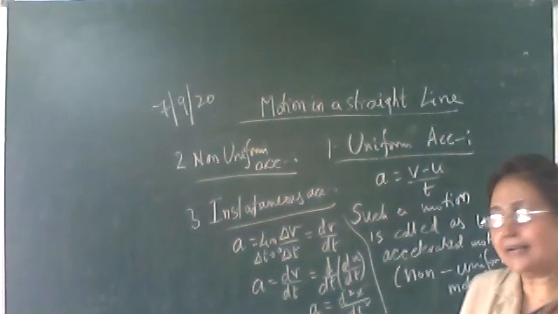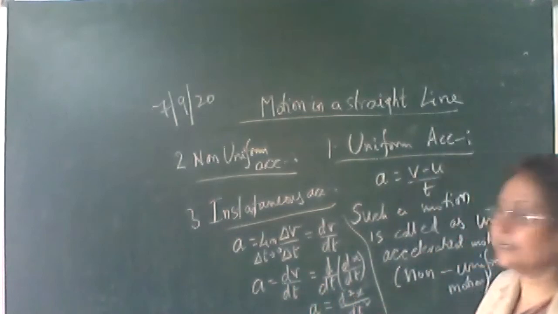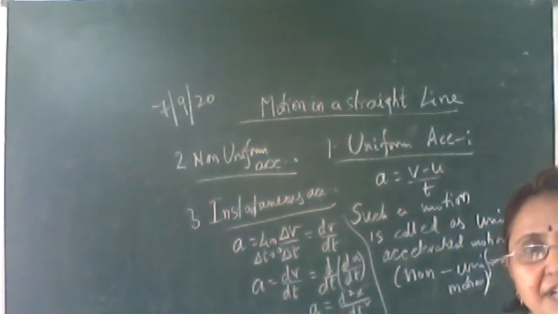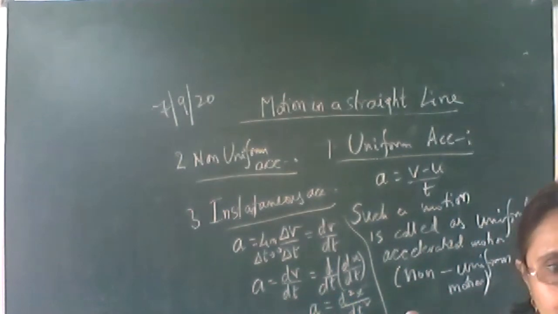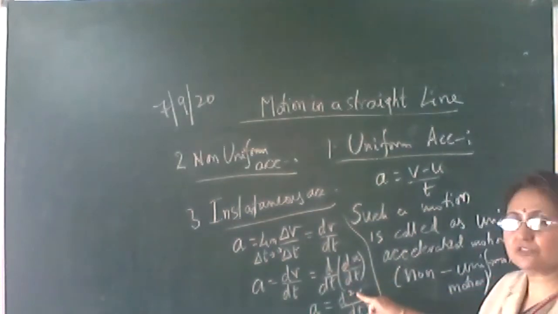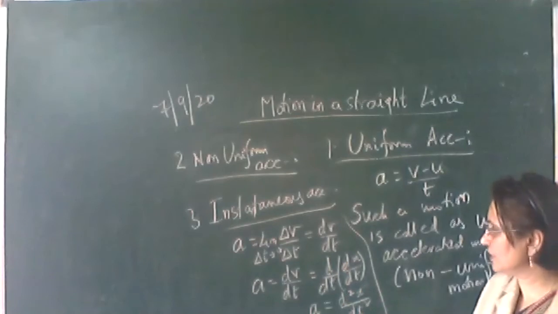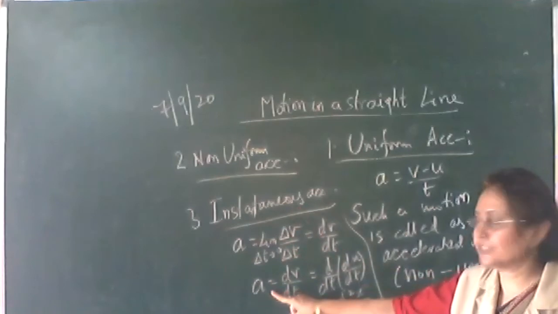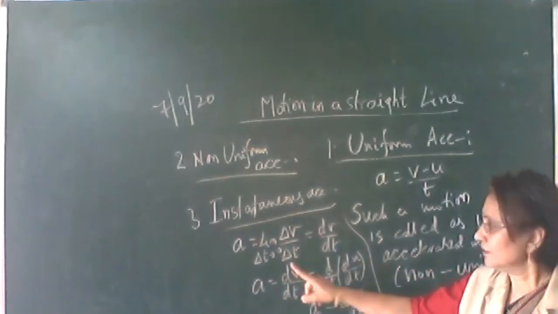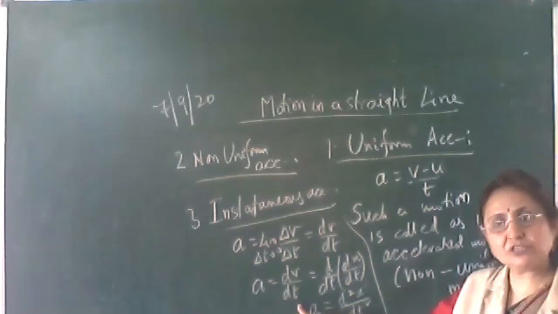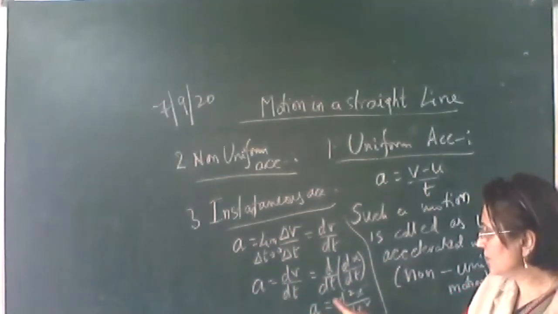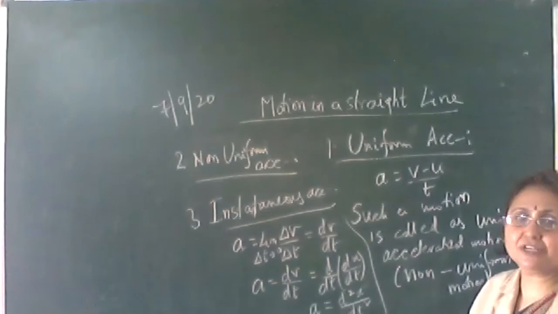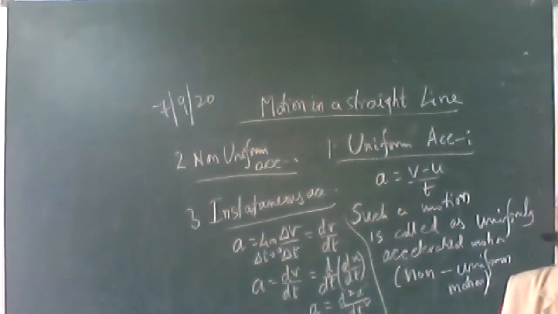Either you can write it as dv by dt, or as d2x upon dt square. d2 means d square only: d into d square into x upon dt square. So instantaneous acceleration is the first order differentiation of velocity with respect to time, or the second order differentiation of displacement with respect to time.